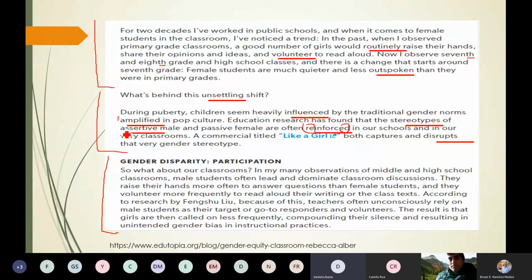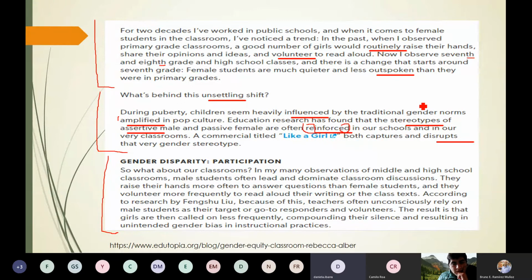Gender disparity in participation. So what about our classroom? In my many observations of middle and high school classrooms, male students often lead and dominate classroom discussions. They raise their hands more often to answer questions than female students, and they volunteer more frequently to read aloud their reading or the class text.